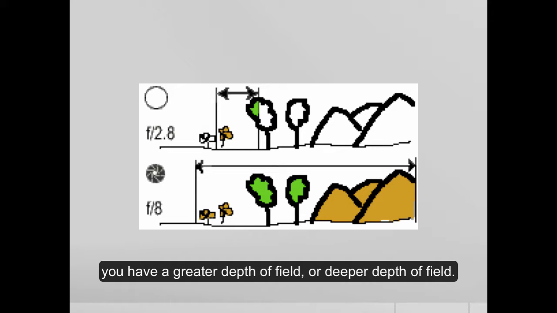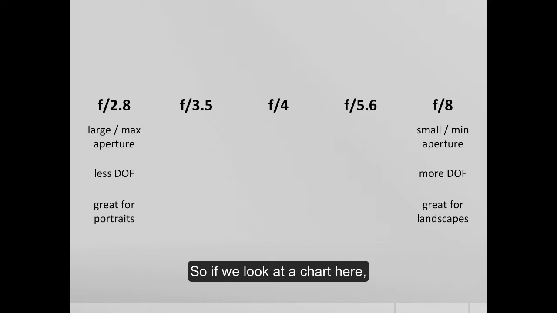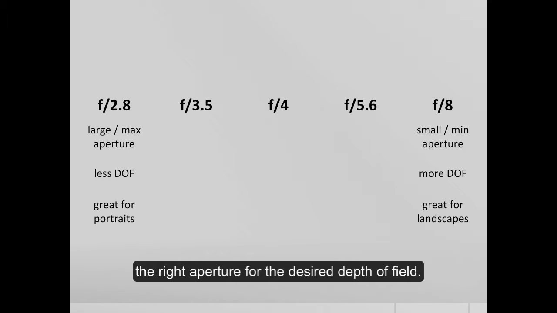So if we look at a chart here, there's a little rule of thumb for selecting the right aperture for the desired depth of field. If we take the same object distance and object size and do a comparison, the bigger the lens opening or the aperture that's used, like an f2.8, it will have a narrower band of depth of field.